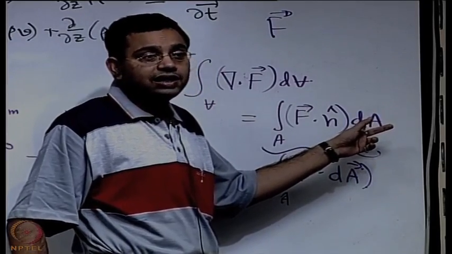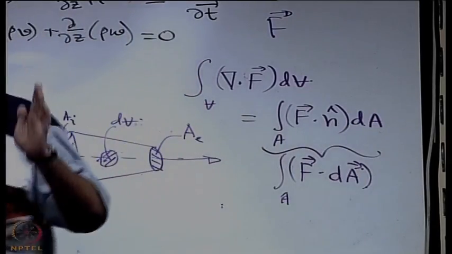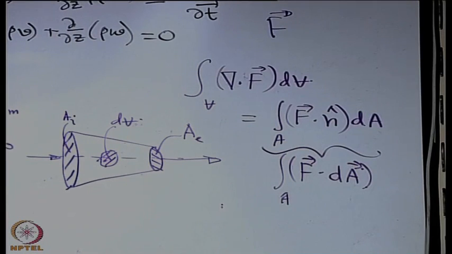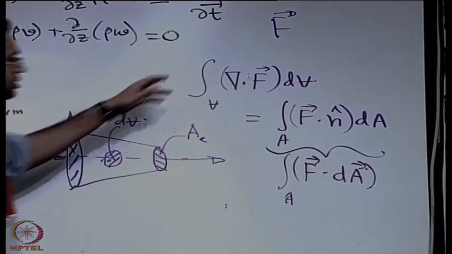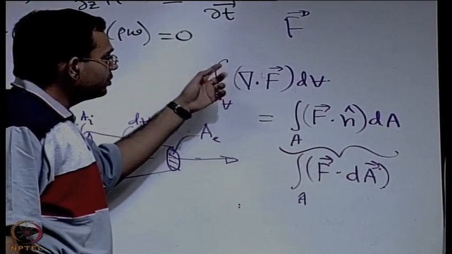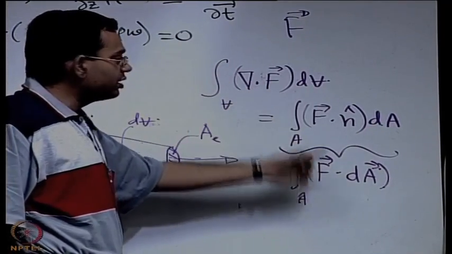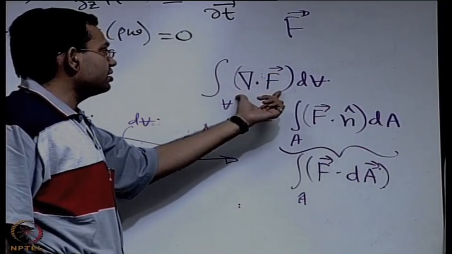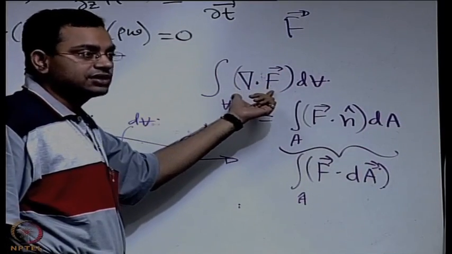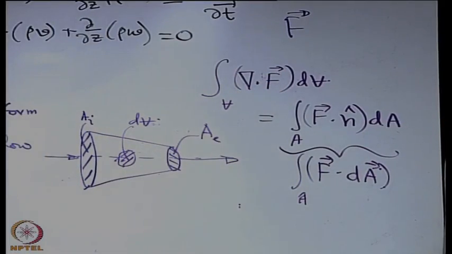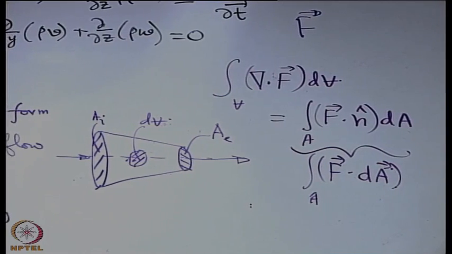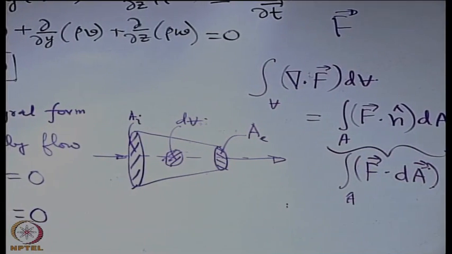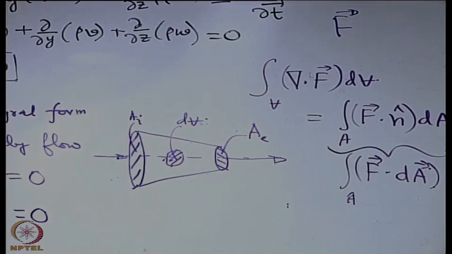You have to keep in mind that it is always the outward normal that is considered to be the positive direction of any area. So if you want to convert it to an area integral, you have to cast it in the form of a divergence. So what should be the vector function f here?